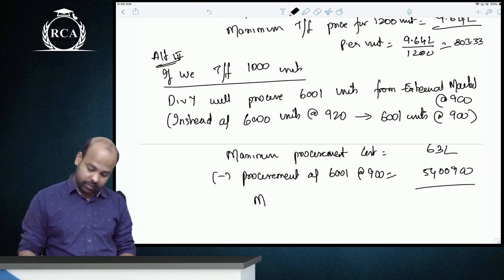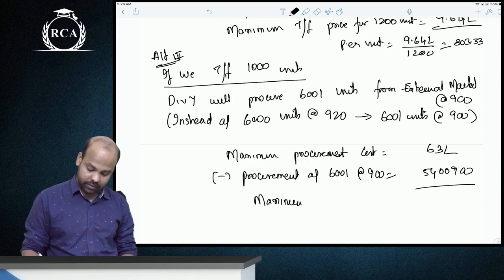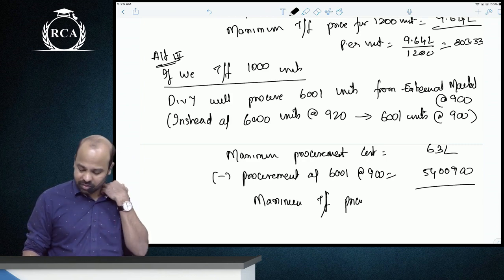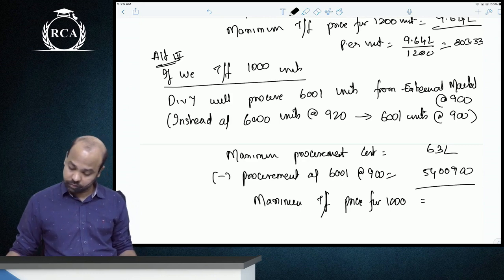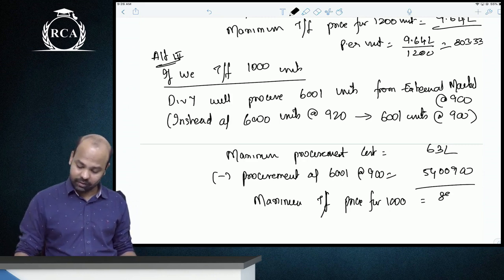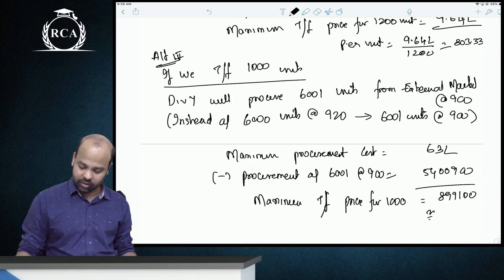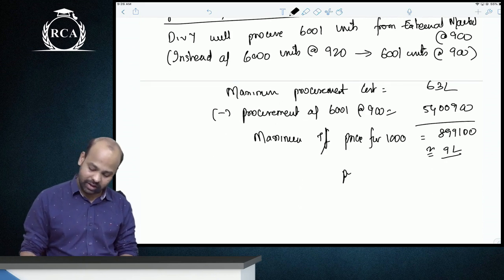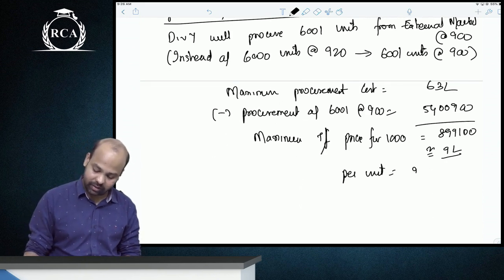So this, beta, would be the maximum transfer price for 1000 units: 8,99,100, or you can say approximately 9 lakhs. You can say 9 lakhs, beta, it makes no difference, okay?